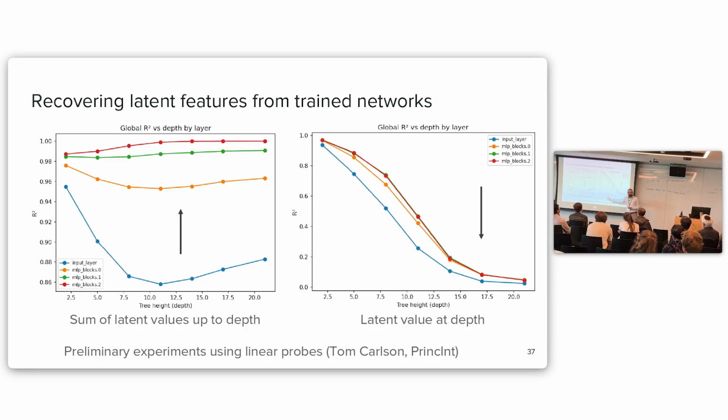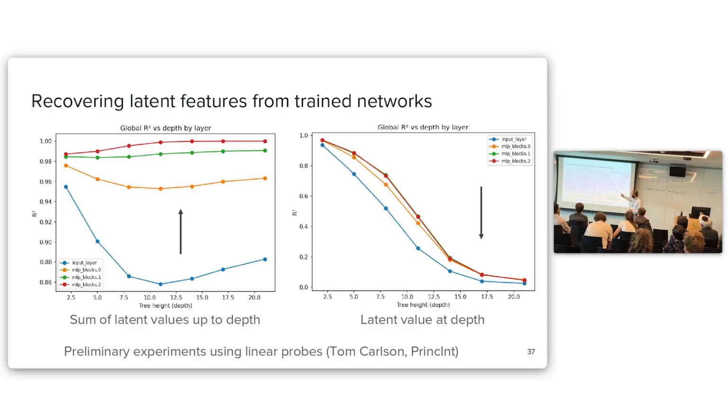Basically he trained a small MLP network on the data, and then trained linear probes to recover the values assigned to those latent variables for every latent. Here on the left is training to recover just the sum of latent values up to some depth in the tree. And then on the right is just the specific value for that particular latent node.